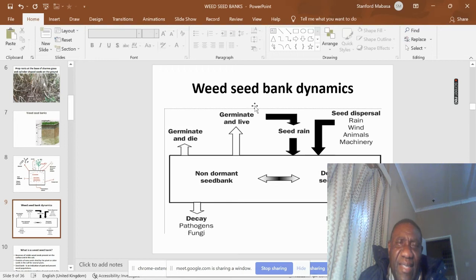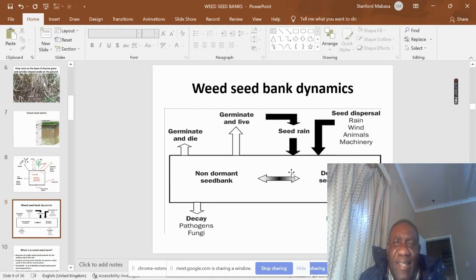So we have this weed seed bank dynamics. It's like a normal bank where you have deposits and withdrawals, depending on what is happening in the bank. Some withdrawals may involve investment, and then the seeds or money is deposited back into the bank.